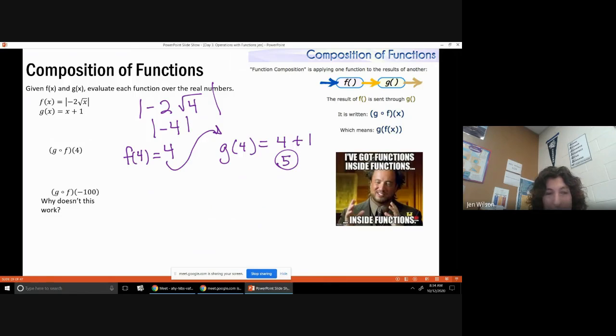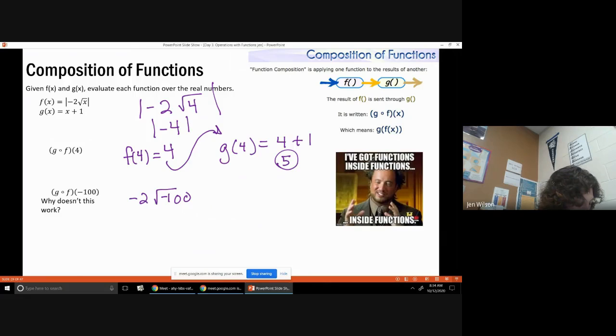All right, so it says g of f of -100. This doesn't work. This is not part of its domain. The square root can't square root negative numbers. So let's try it and see what we get. -2 times the square root of -100. That's going to give us an imaginary number, and this is not part of what we're evaluating here.